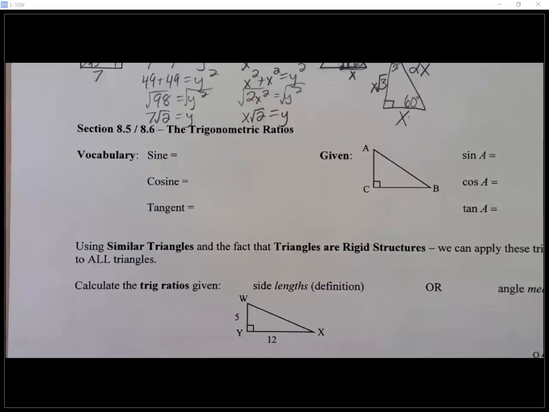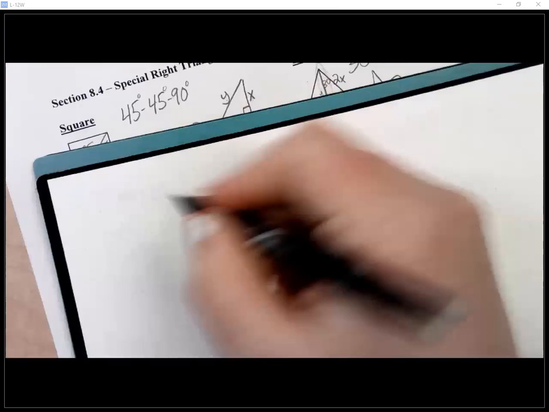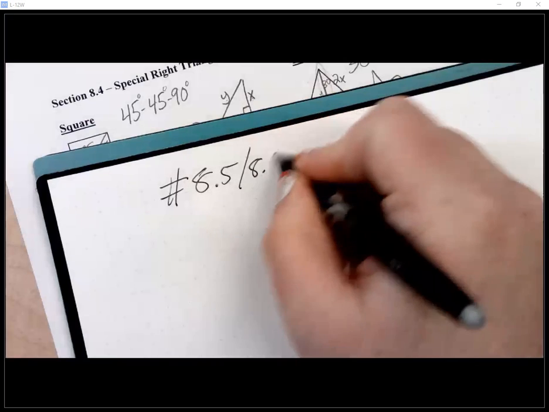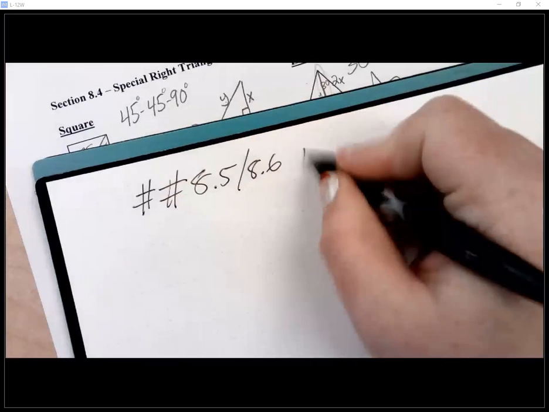All righty. So, trig ratios, Sohcahtoa. Here we go. Trig ratios.